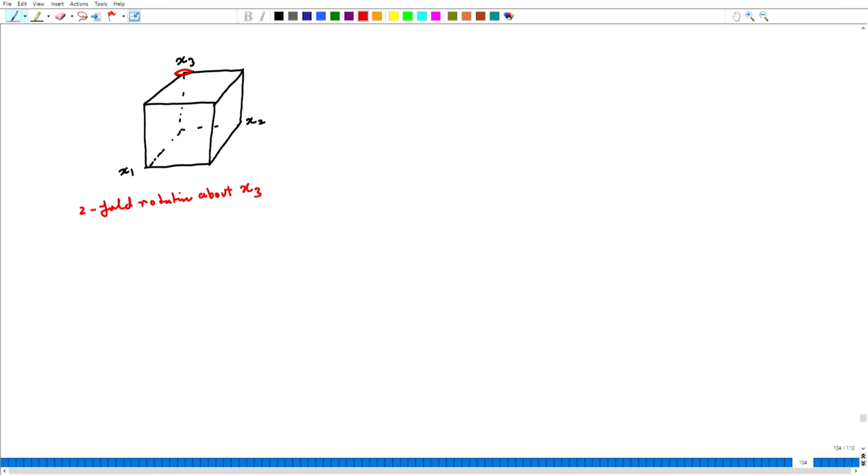This I have already seen in the last lecture, that this will give me a tensor sigma 11, sigma 12, 0, then sigma 12 again, sigma 22, 0, 0, 0, sigma 33.